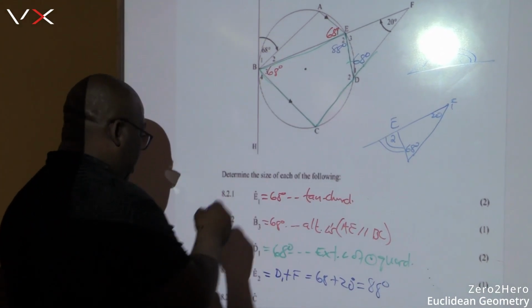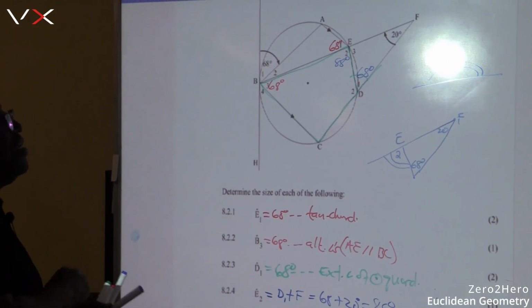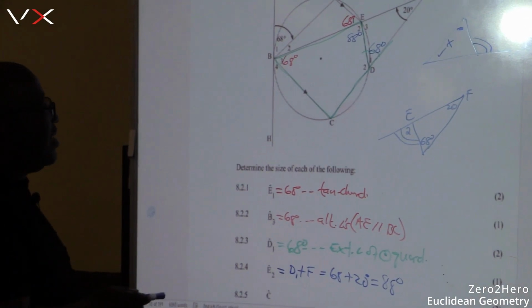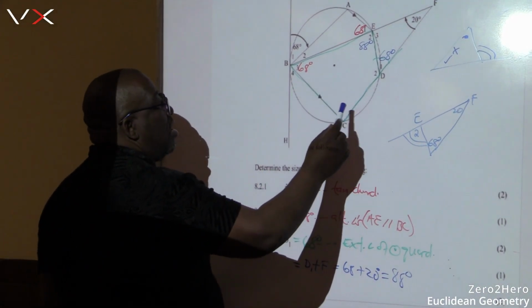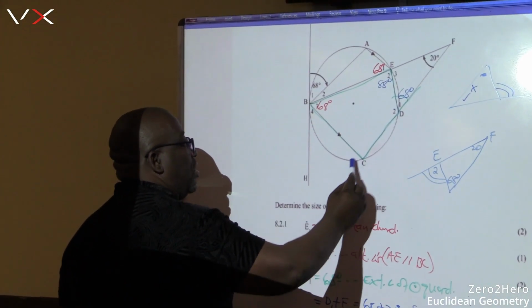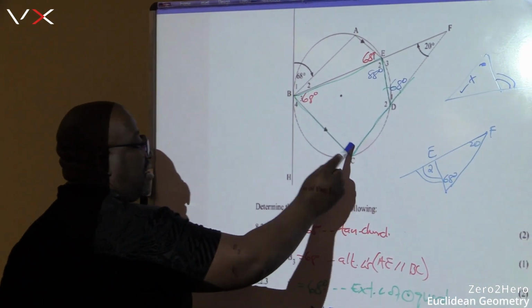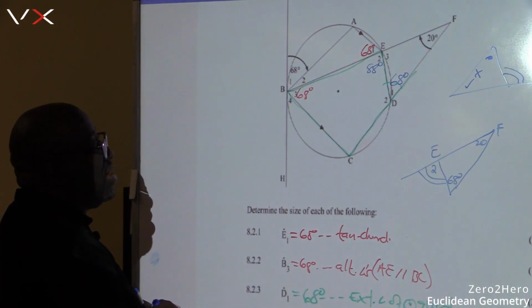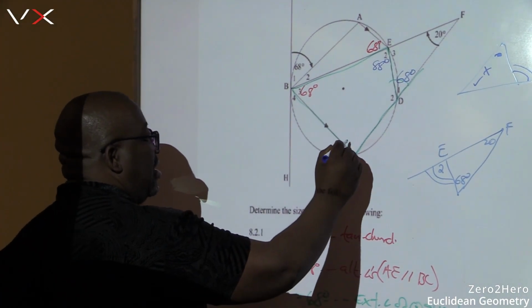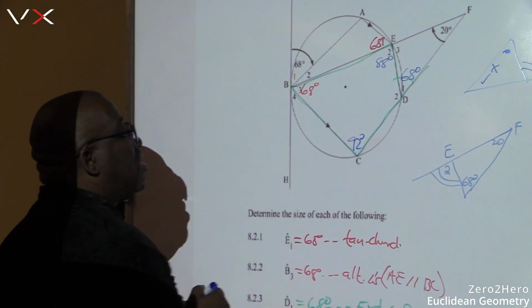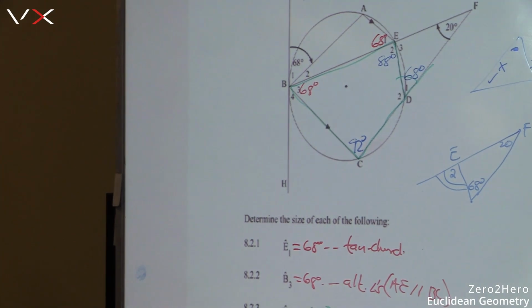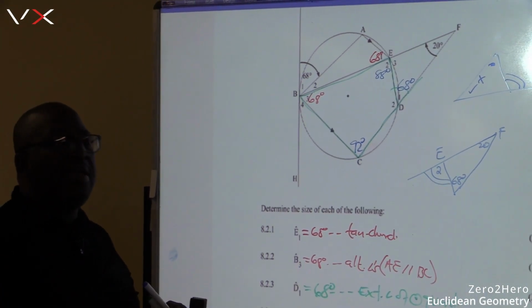We are looking for the value of this angle, angle C. So this makes angle C 92 degrees. So it's important that we must be able to solve this. It's all about theorems, nothing else.